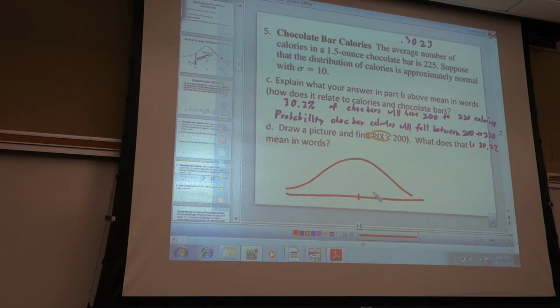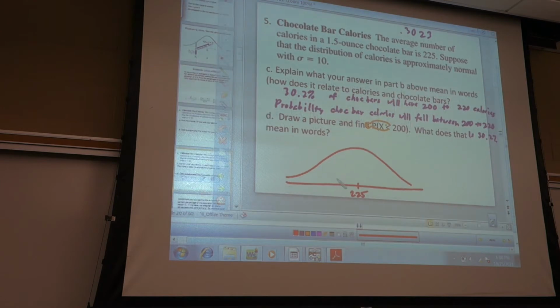All right, so 200. Here in my middle is 225. 200 is over here somewhere, and that has a z-score of negative 2.5. So personally, I find it easier to leave out the x values and just put the z-scores so that you don't get confused about the normal CDF situation.